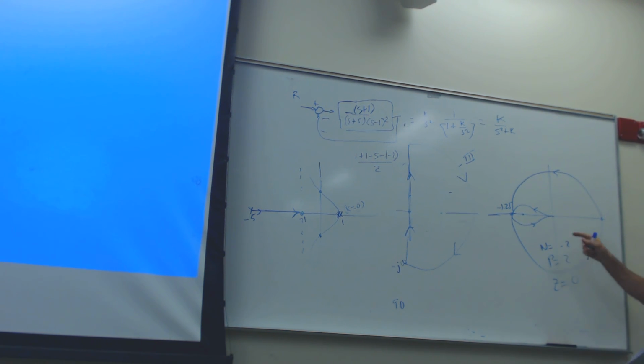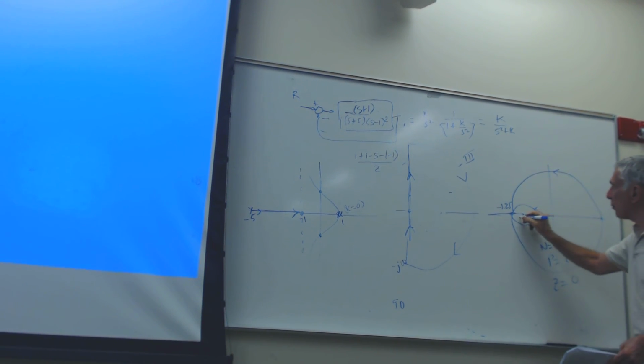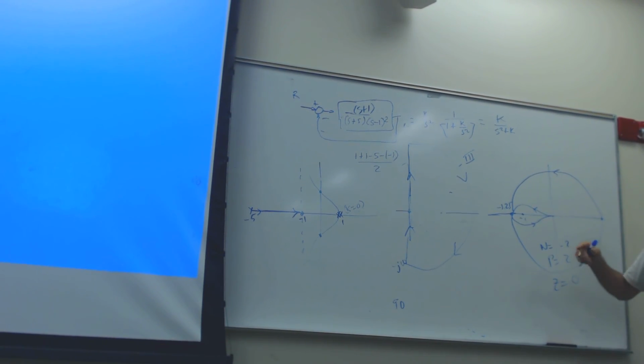You can see that the system is stable. If the gain k is decreased, this minus 1 point at some point will not have two encirclements. Right? In fact, won't have any encirclements.